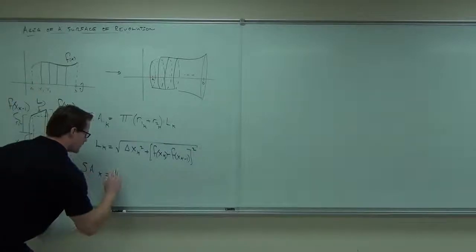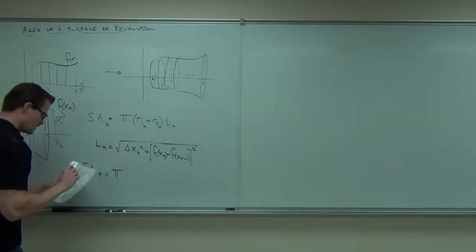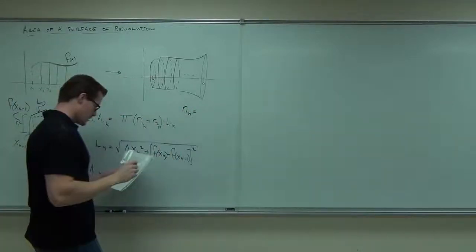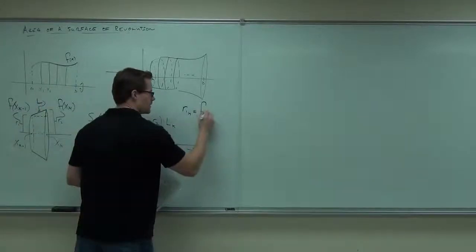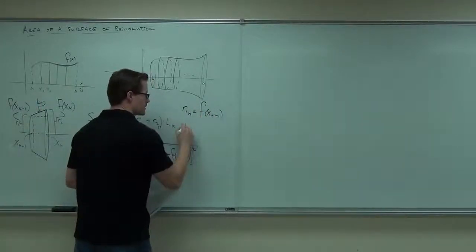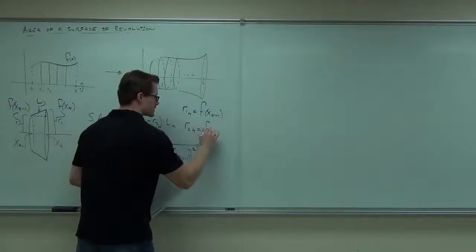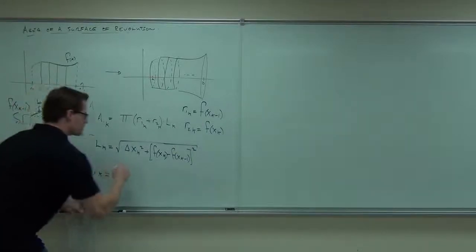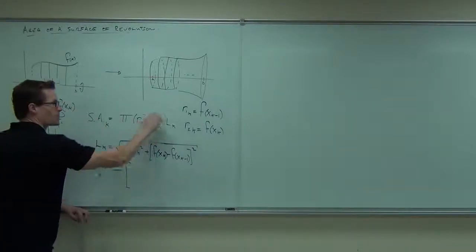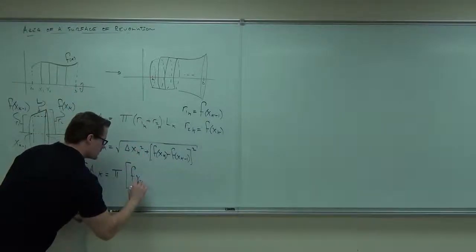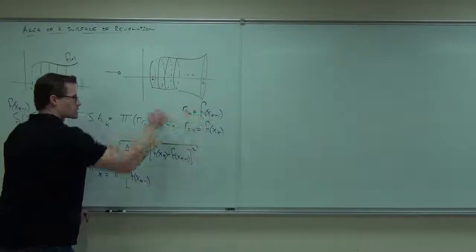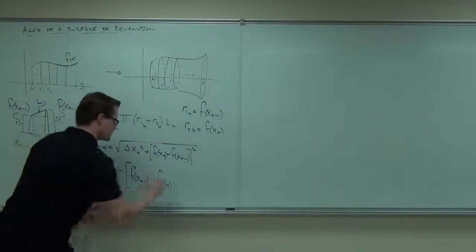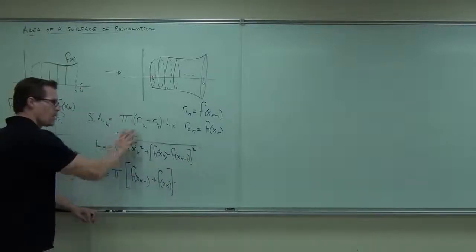we have pi. R1 sub k is the same thing as that, and R2 sub k is the same thing as that. So we're doing our substitution. We've got R1 sub k, okay, R1 sub k plus R2 sub k, times all of L sub k.